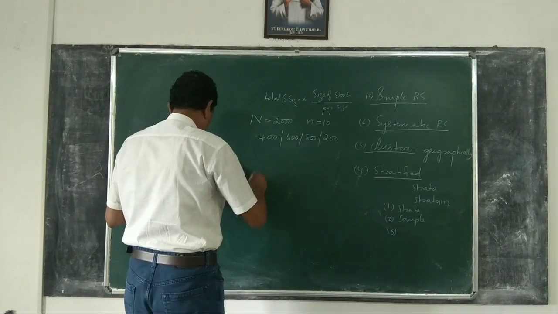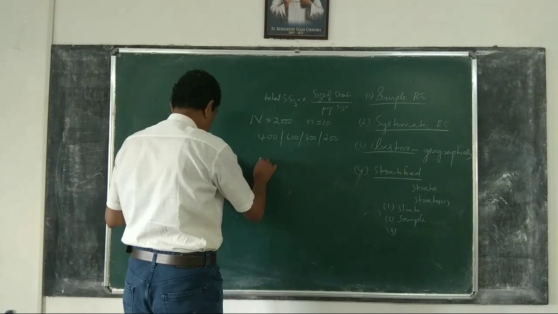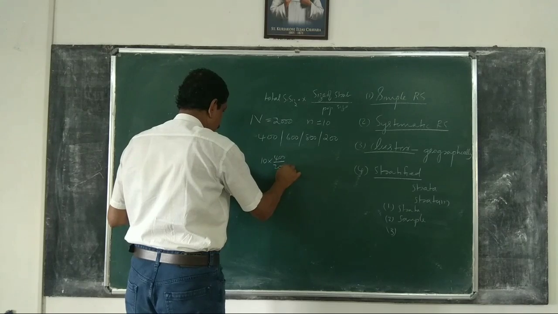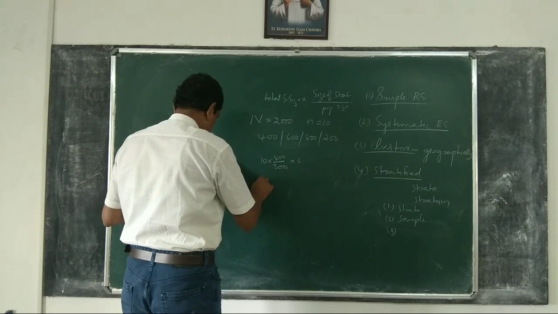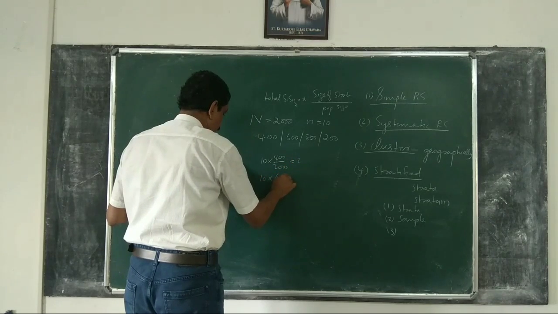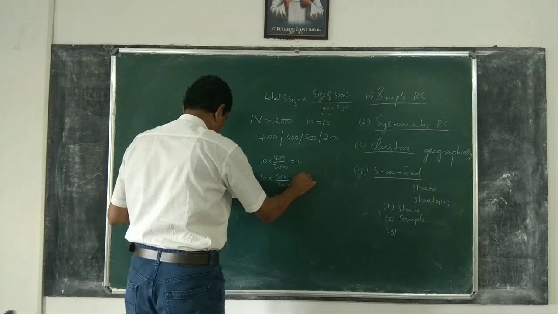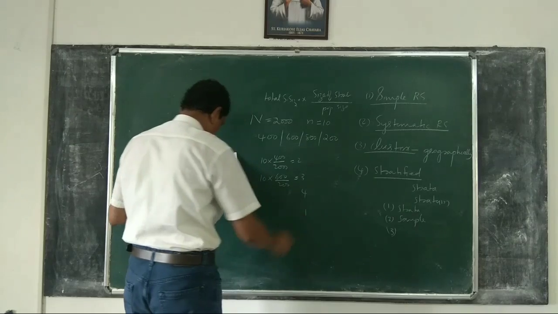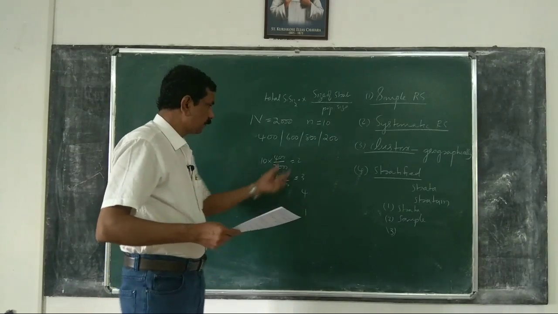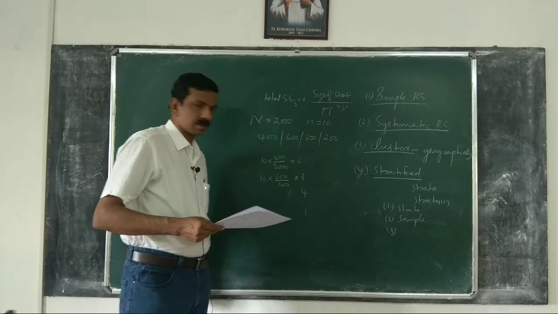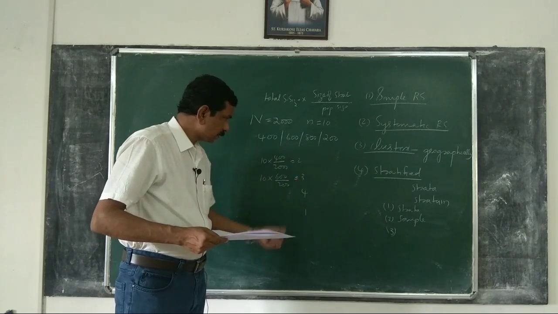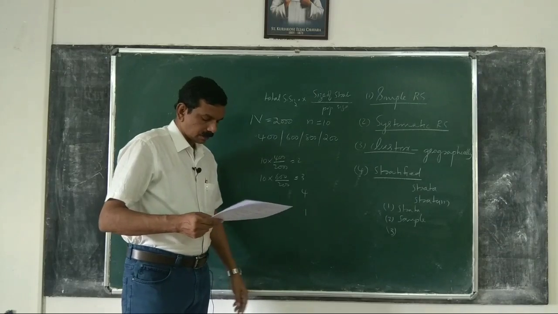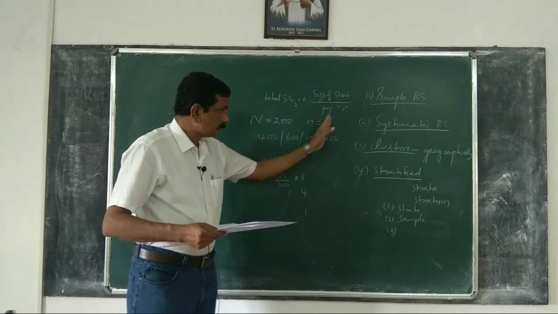Then from the first, 10 into 400 by 2000 is 2, from the second 10 into 600 by 2000 is equal to 3. From the third it will be 4. From the fourth it will be 1. So from the first stratum we take 2 samples, from the second 3 samples, third 4, and 1 from the fourth using simple random sampling. And you will get a total of 10.